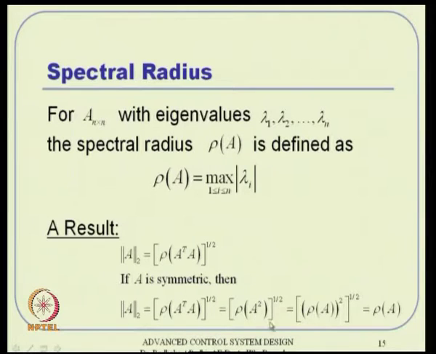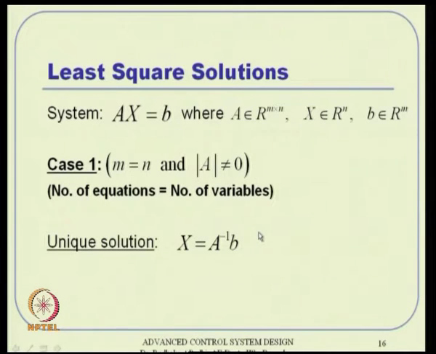And then remember this, after all, is an eigenvalue property, and the eigenvalue of A square is the eigenvalue of A to the power 2. We have seen that one of the properties. Okay, so you can use that, and this is what is going to be my spectral radius. So, the second norm is nothing but the spectral radius of the matrix also. Okay, so, that is very easy to show.